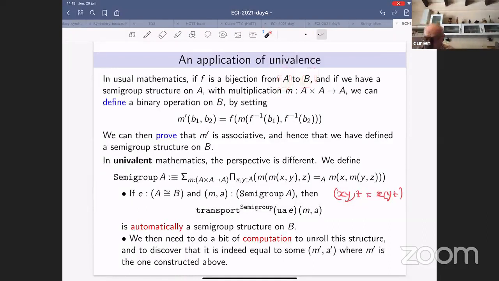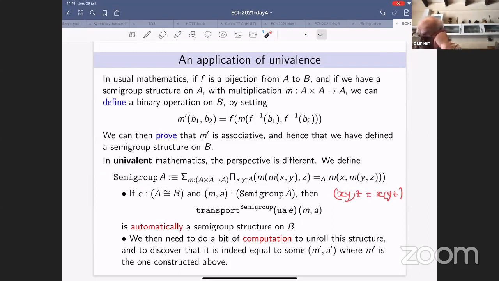Okay, and this is usually done in the following way, as you can see in mathematical textbooks. We want to define an operation on B which will be associative.